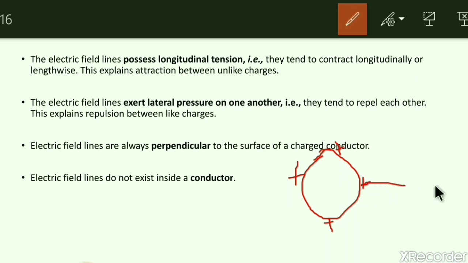So it has to be a straight line like this, with an arrow. Or here if you want to show anywhere, it has to be exactly a straight line with an arrow indicating. So that means electric field lines on any surface must be drawn exactly perpendicular to that particular region.